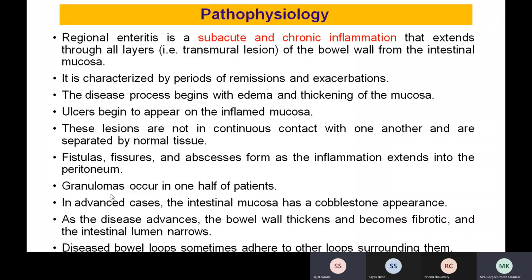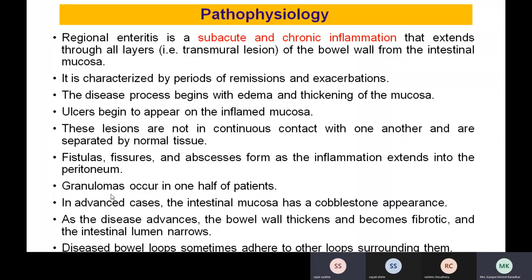If you remember, what is a granuloma? It is some kind of inflammation in a small area.